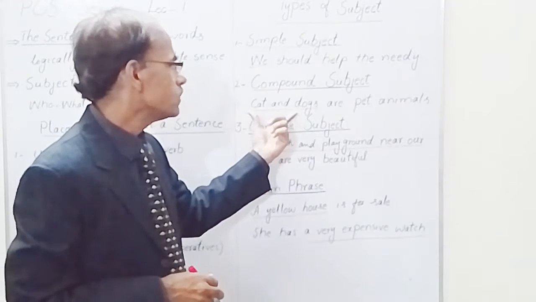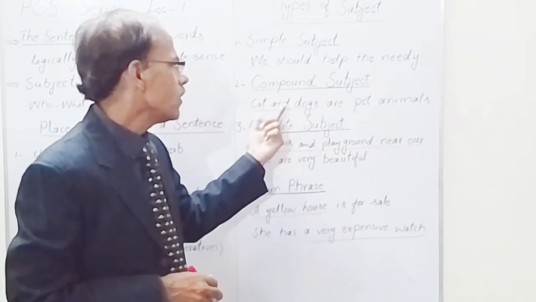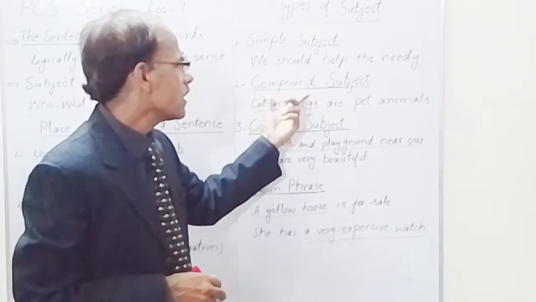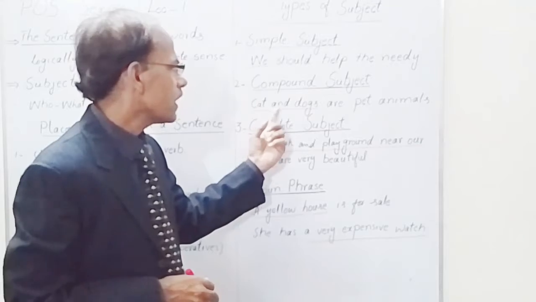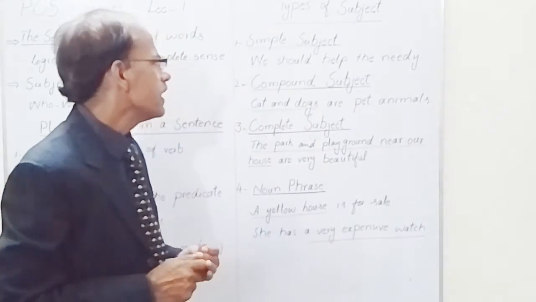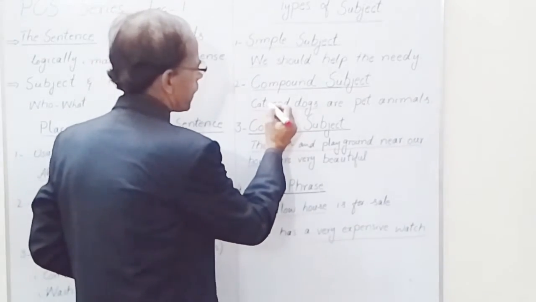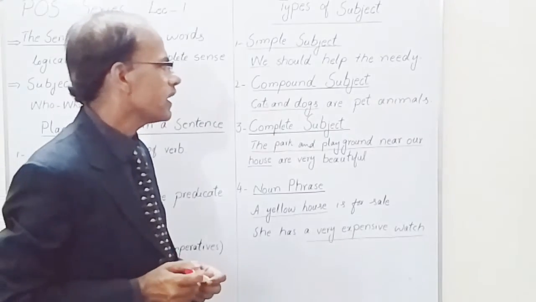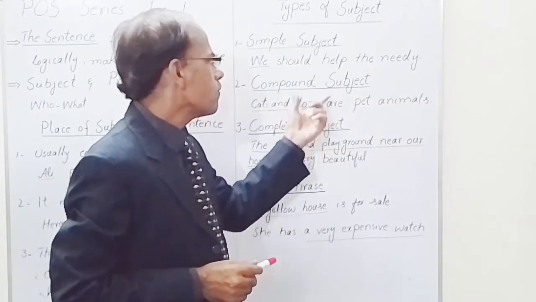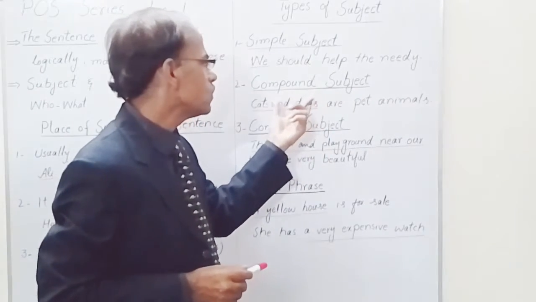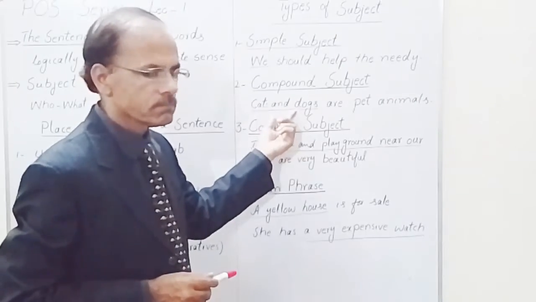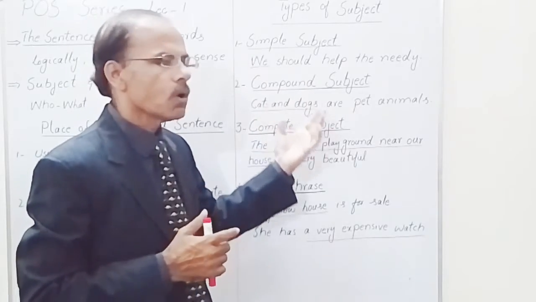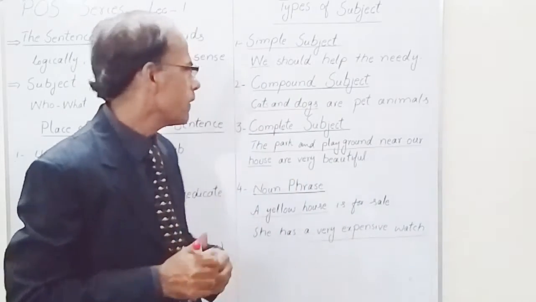These two nouns are joined with the help of a conjunction. So this one is a compound subject, cat and dog, or you may say cats and dogs, it is more appropriate. Cats and dogs are pet animals. So in compound subjects we use a conjunction and then we assemble the two nouns or pronouns with each other.